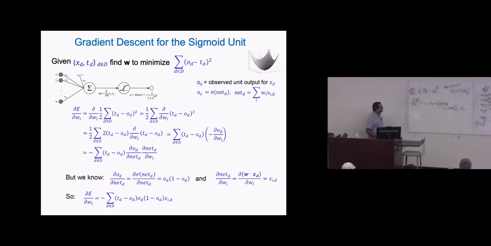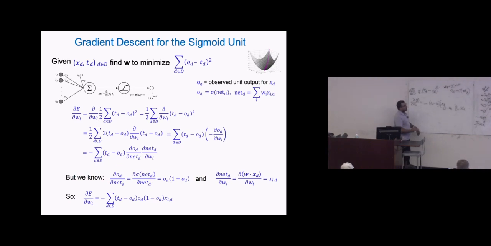Right? But what is sigmoid of net D? Net D is the dot product. What is the definition of sigmoid of net D? What variable does it represent? That's OD. That's your prediction. So this is just OD, and this is just 1 minus OD.